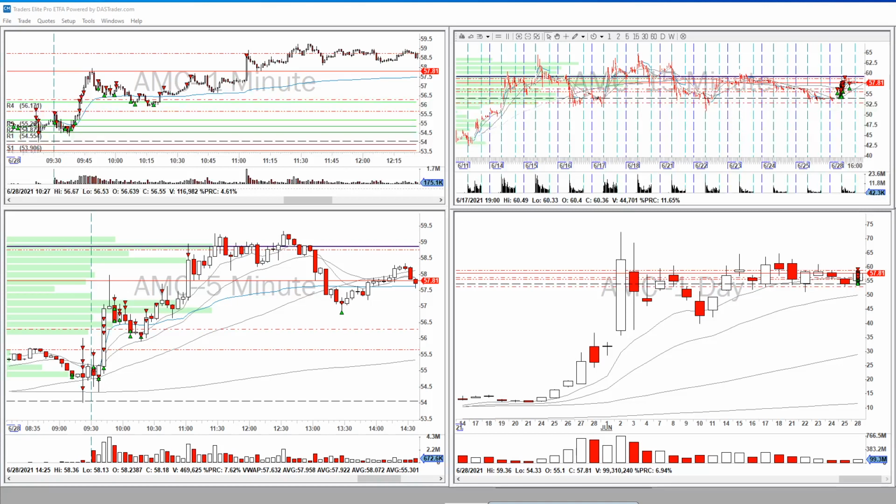And then finally, just having a target in mind and being able to hold some of your position into that target allows you to capture a majority of the directional bias while also feeling as if you haven't missed out on too much, even if it's not a significant part of your initial position.